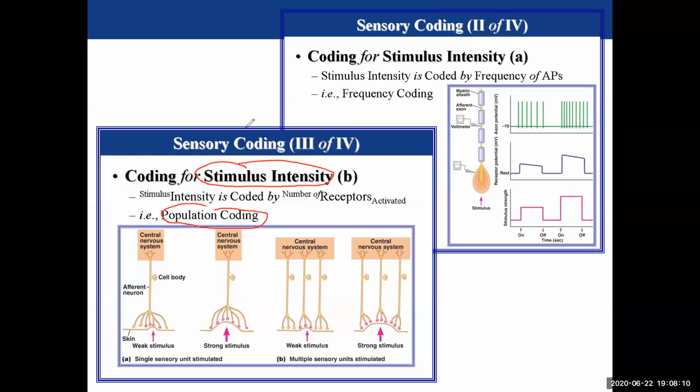We also have another way for the brain to recognize the strength of a stimulus. And down here is population coding. So for example, this is a single sensory unit, meaning one sensory neuron serving this particular area of the skin. So a weak stimulus would activate only 1, 2, 3, 4 peripheral endings, right?